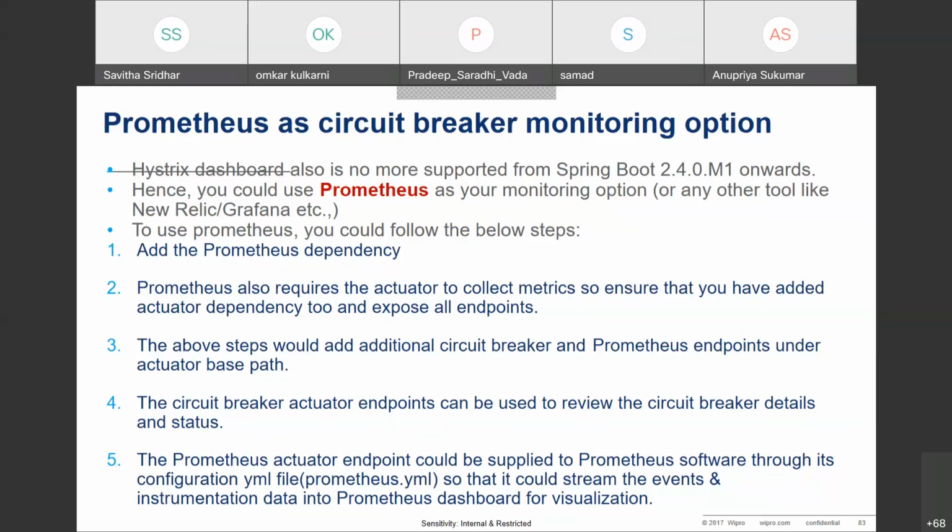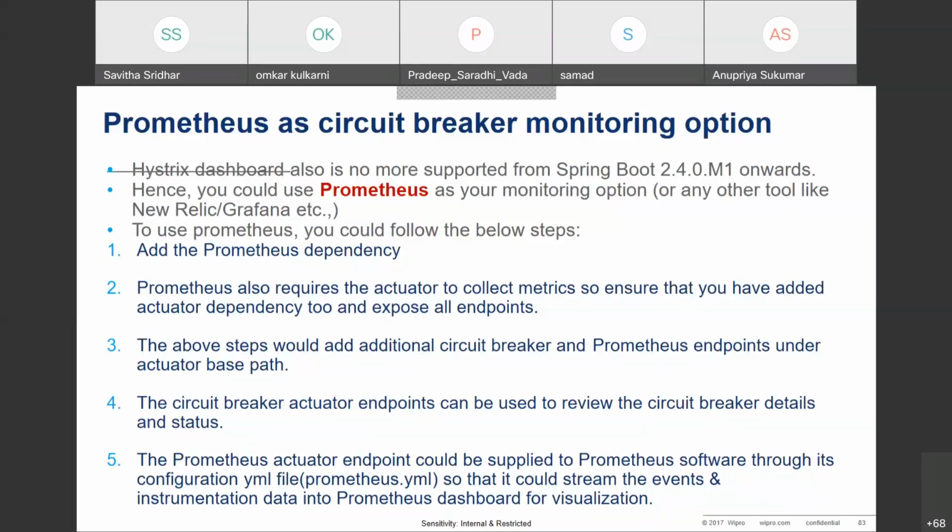So here is where you might want to use a monitoring tool or a dashboarding tool like Prometheus. I think we spoke about this earlier. Hystrix was supporting its own dashboard, but Resilience4J does not provide its own dashboard.